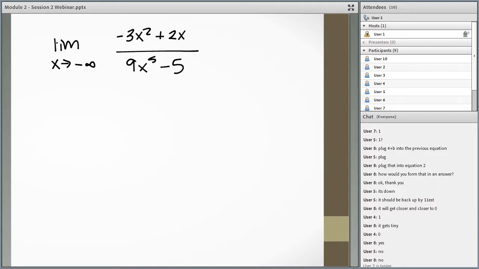So let's divide each term. I just wrote an x to the 5th rather than an x squared. Sorry about that. So let's divide each term by an x squared, or again, if you want, a 9x squared. It works out the same way.